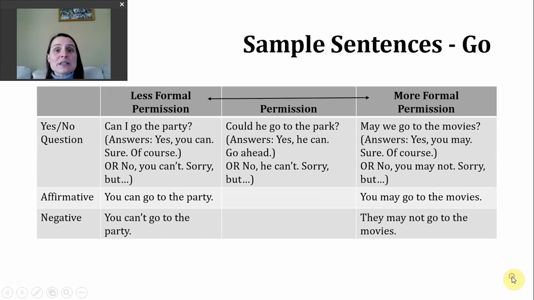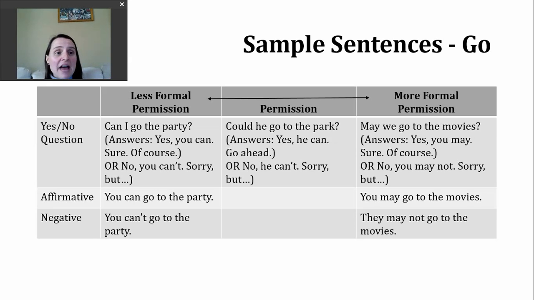Okay, let's do some other practice with go. Today, I thought it would be good to look at modals that we use for permission. And we'll keep using our verb of the day, go, as we talk about permission. And you're going to see I've ordered things a little differently today because it's really most common probably to hear a statement of permission to be a question.